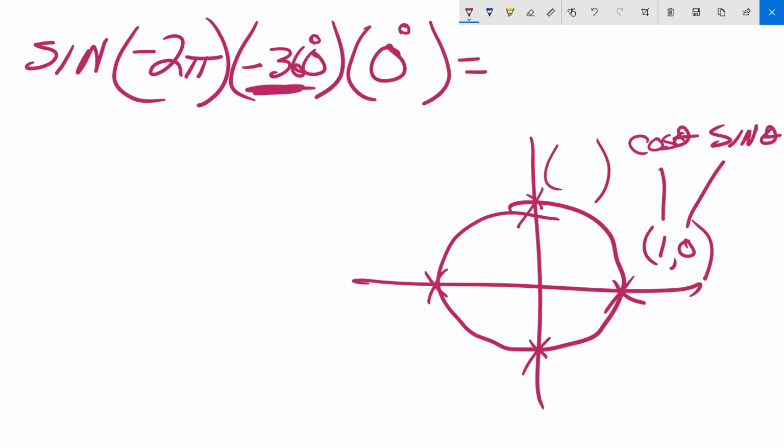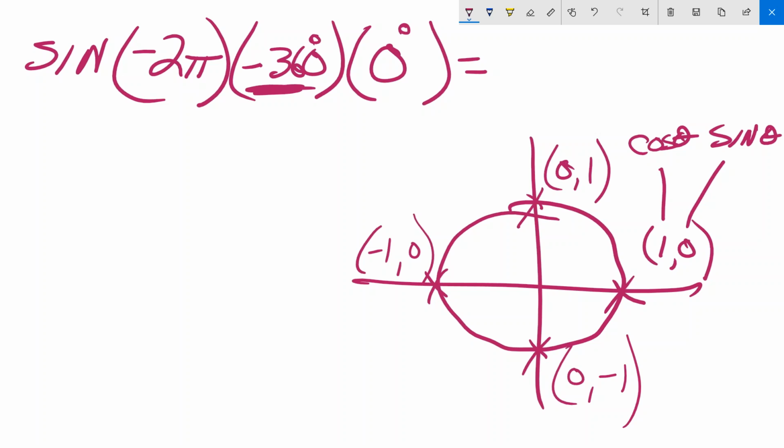And know that the first coordinate is the cosine and the second coordinate is the sine. So that's 0, 1. That's -1, 0. That's 0, -1. So you can figure out the sine and cosine of your 4 quadrantal angles based on this picture on the lower right here.